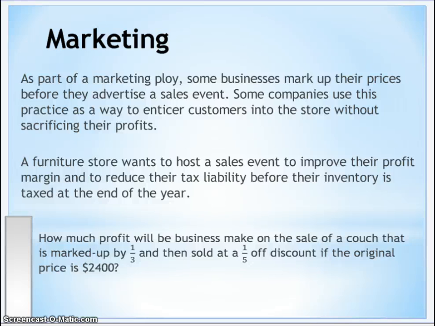business make on the sale of a couch that is marked up by 1/3 and then sold at a 1/5 off discount of the original price if the original price is $2,400? Well, first we have that it's a markup followed by a 1/5 off discount, and the total price is $2,400.